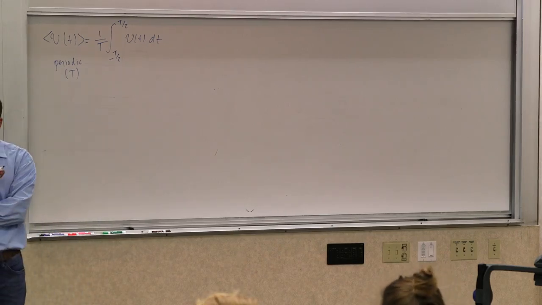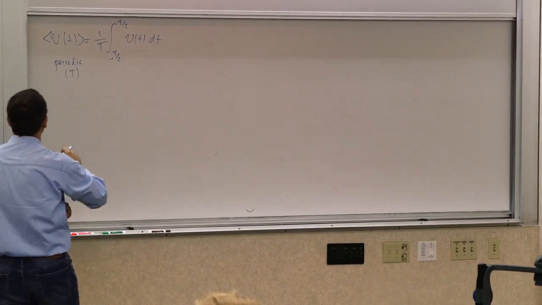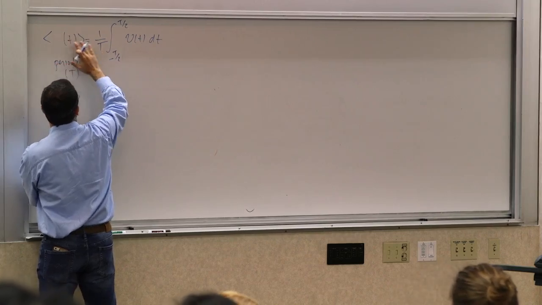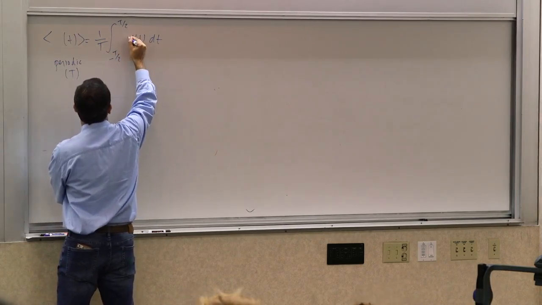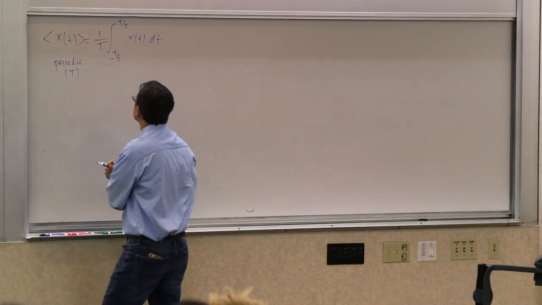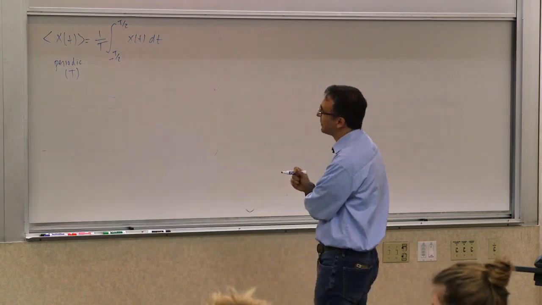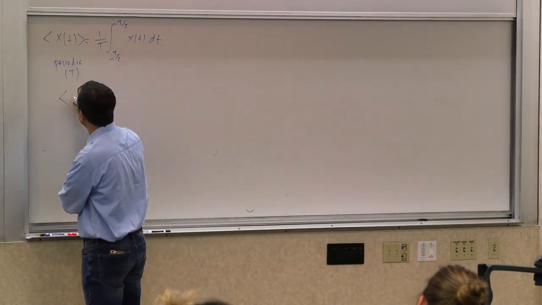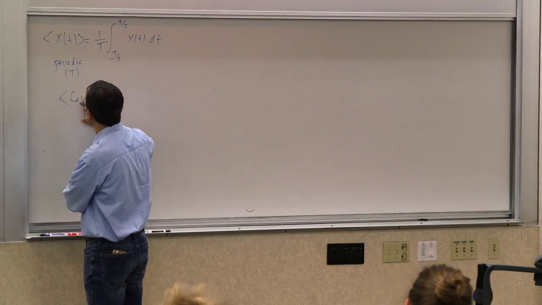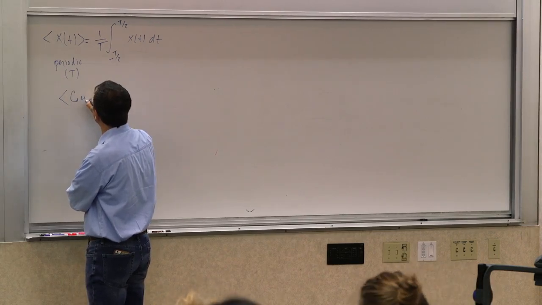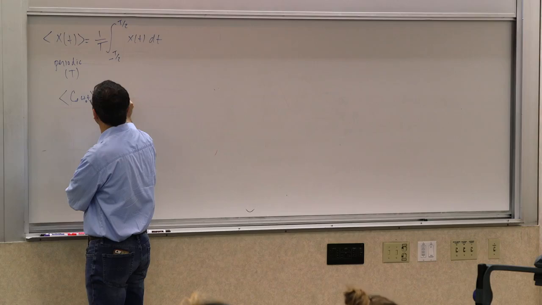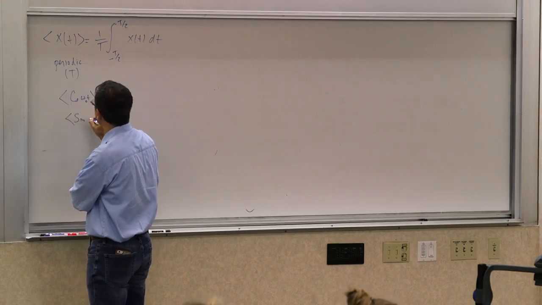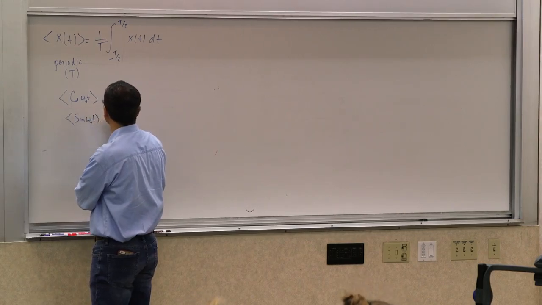So that's how you calculate it, or in general, if it's an x of t, let's not even make it a voltage, just for now. We keep it general, some x of t. You get that's the average. So what is the average of a cosine? Right. And what's the average of a sine? 0 as well, right?